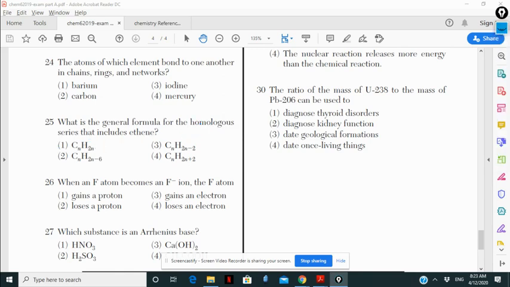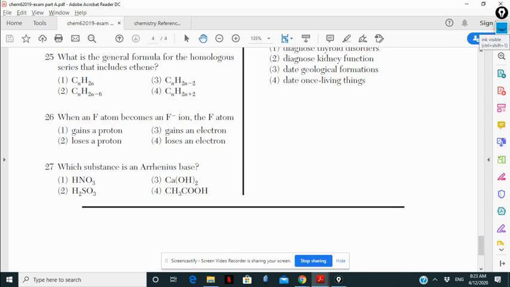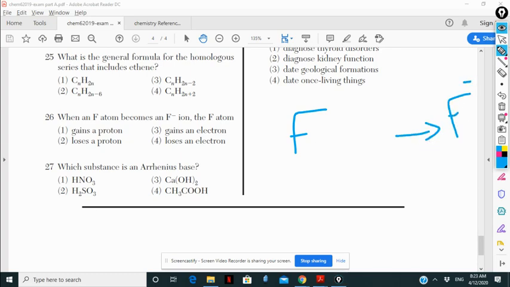Question number 26. When a fluorine atom becomes a fluorine ion, the F atom, okay, so I have F giving me F minus. So that's 0, I should add negative 1, so that's the electron.